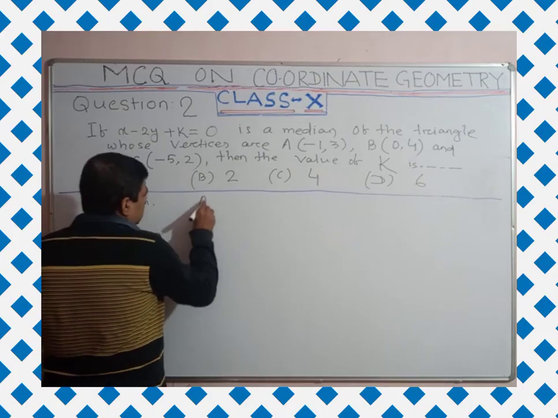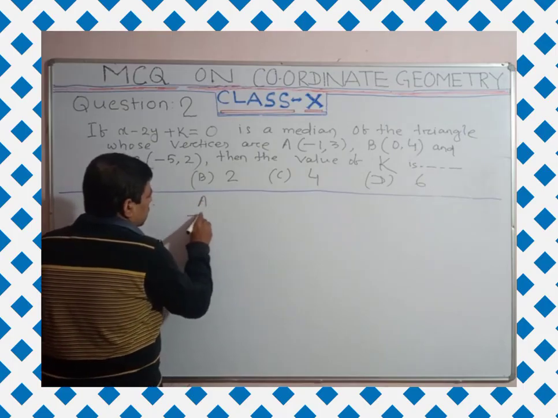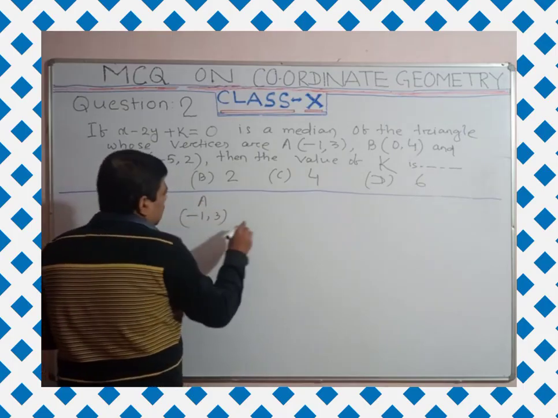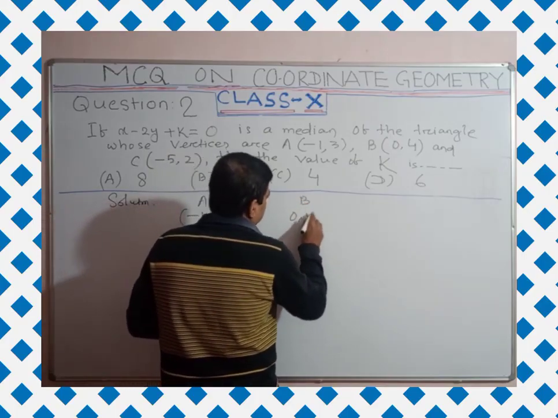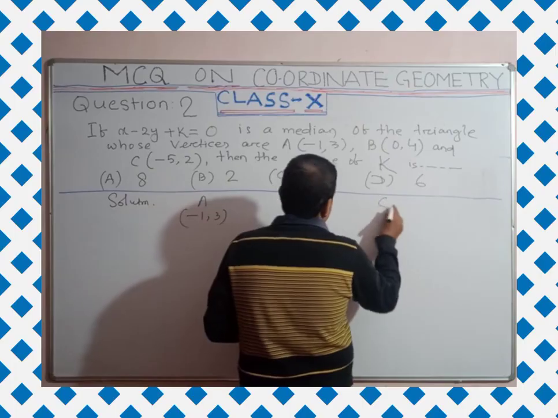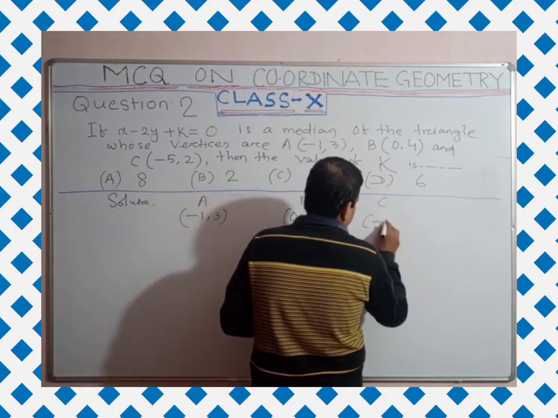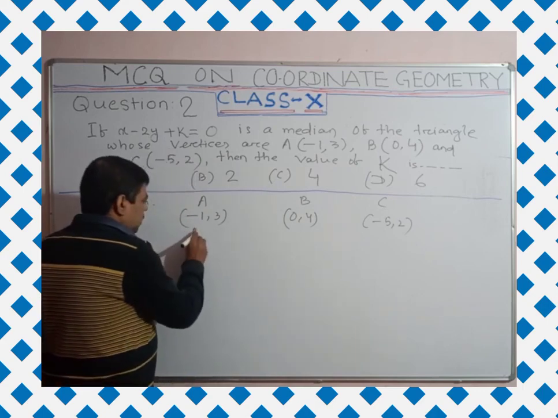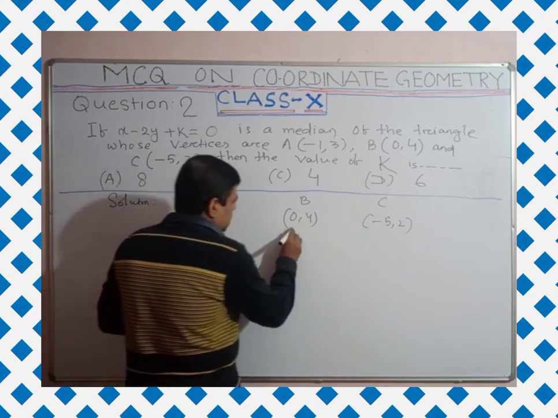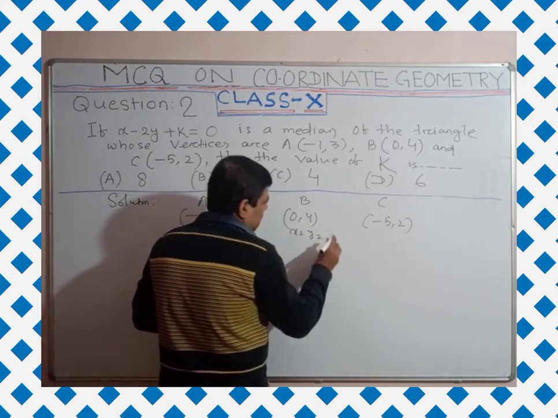Here the vertex A has coordinate minus 1, 3. And another vertex B, whose coordinate is 0, 4. And the third vertex C, whose coordinate is minus 5, 2. And here x1, y1, and this is x2, y2, and this is x3, y3.